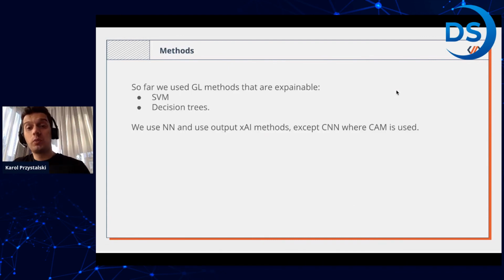What we have used so far are SVM methods, decision trees, some neural networks, and convolutional neural networks. If you go to ISIC and look at the methods used for skin cancer recognition, there are many deep neural networks, which is good, but not really so useful for commercialization in most cases.